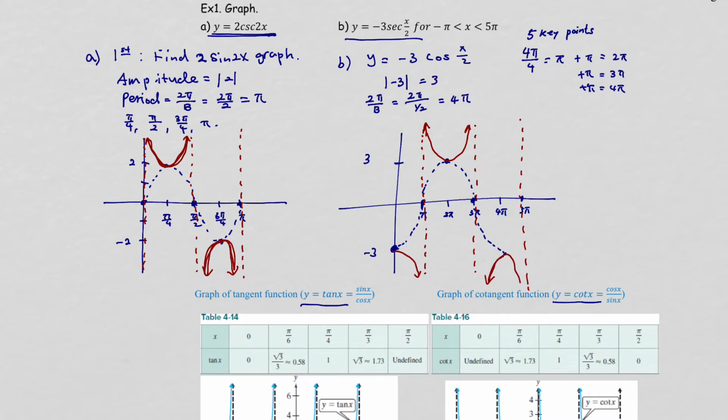So that will be another problem. And that's how we graph secant, starting from cosine. So understanding how to graph sine and cosine will guide you to graph your cosecants and secants.